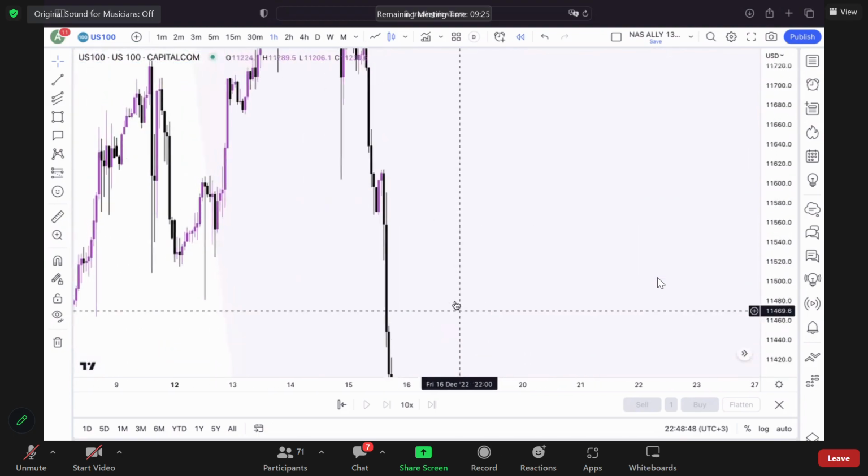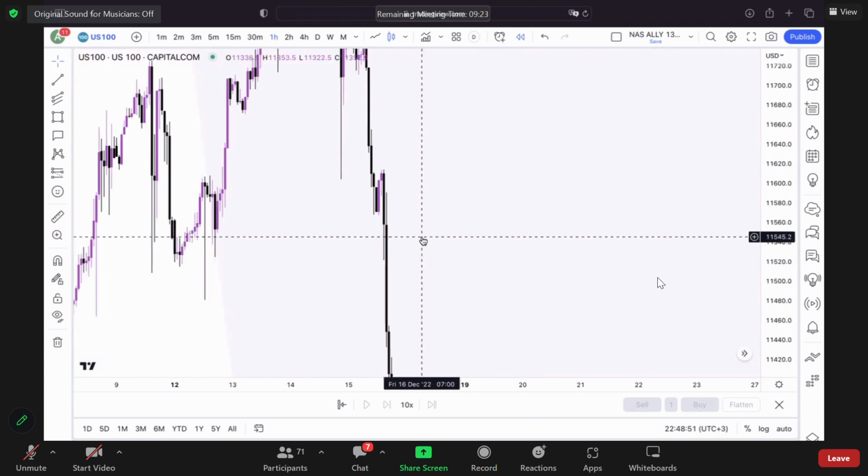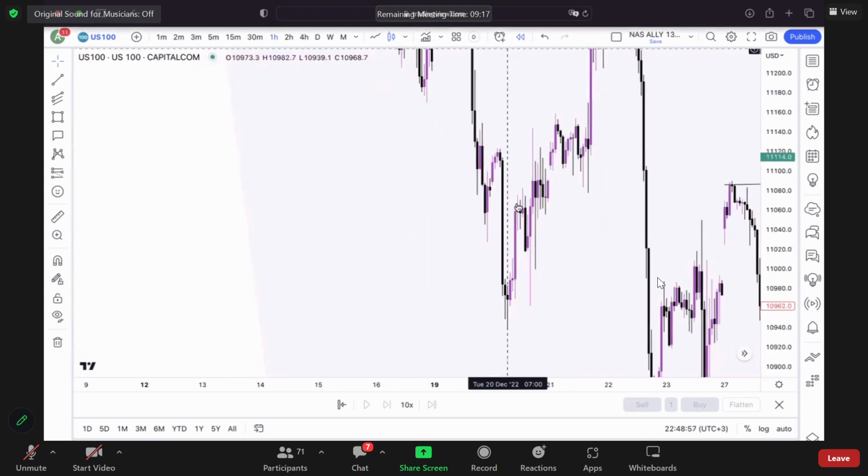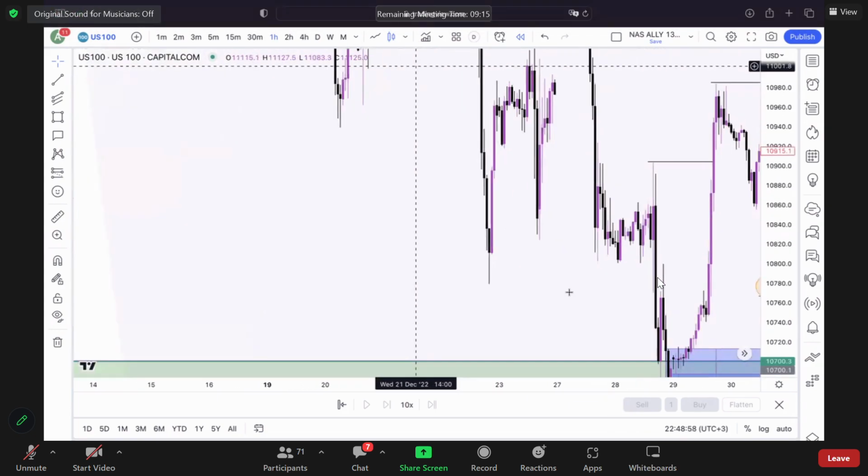Usually there must be some sort of a body in the order block, because remember, wicks are rejection and the body is the orders.